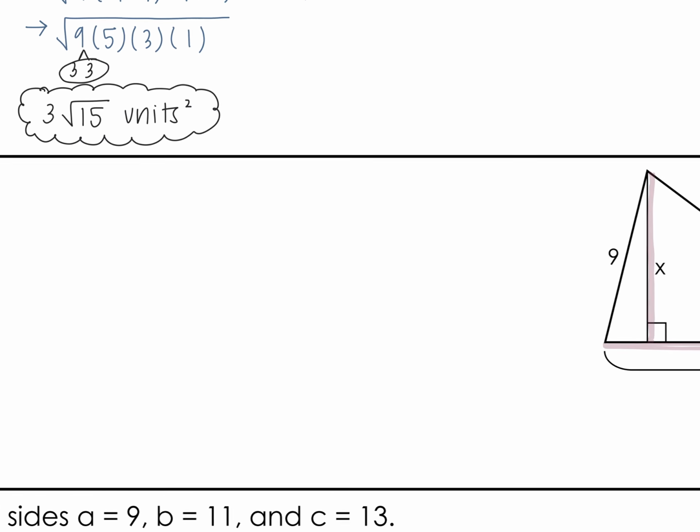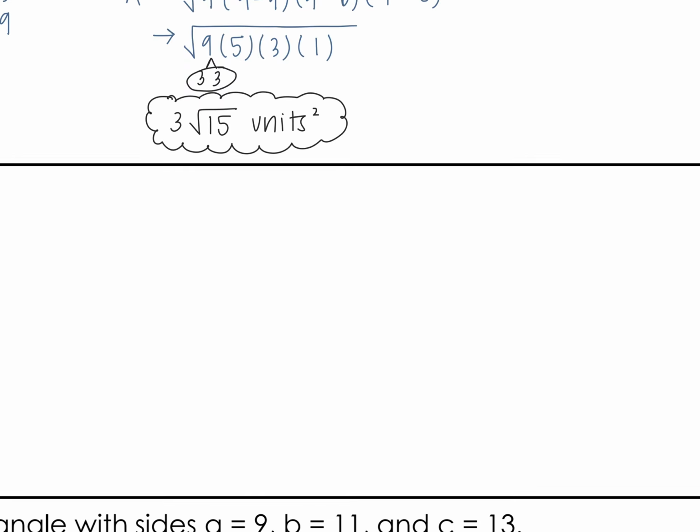So let's do that. We've got 9, 17, and 10 that we are going to use here to find my semi-perimeter. Okay, so that 9 plus 17 is going to give me 26, plus 10 will give me 36.